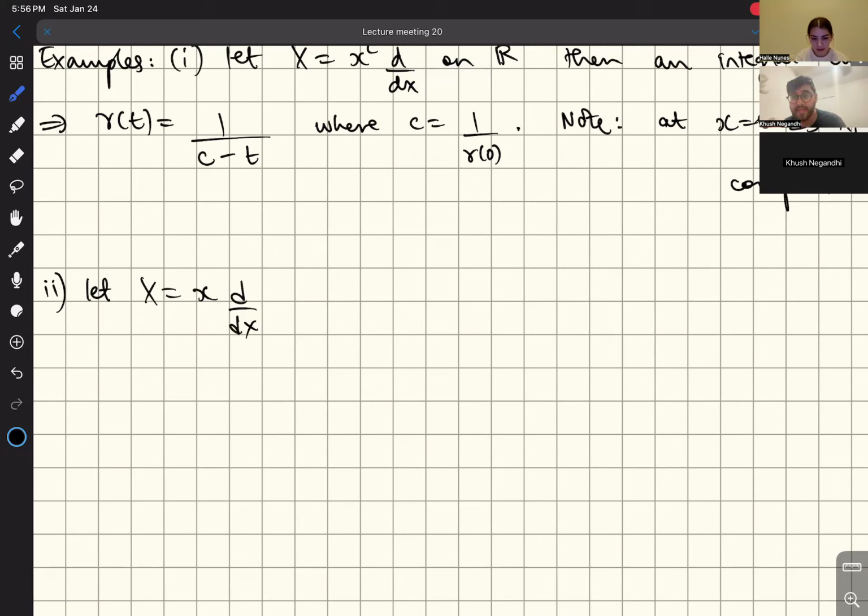Then I'll let you check that the integral curve through a point P of X is just P times e to the t. And this tells me that the flow through X is just P times e to the t. And this has complete flow.